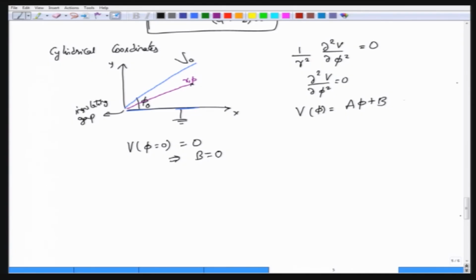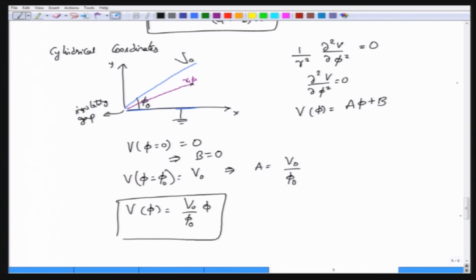On the angled plate, at phi equal to phi 0, the potential is equal to V 0. This implies that A must be equal to V 0 by phi 0, and the potential V of phi equals V 0 by phi 0 into phi.